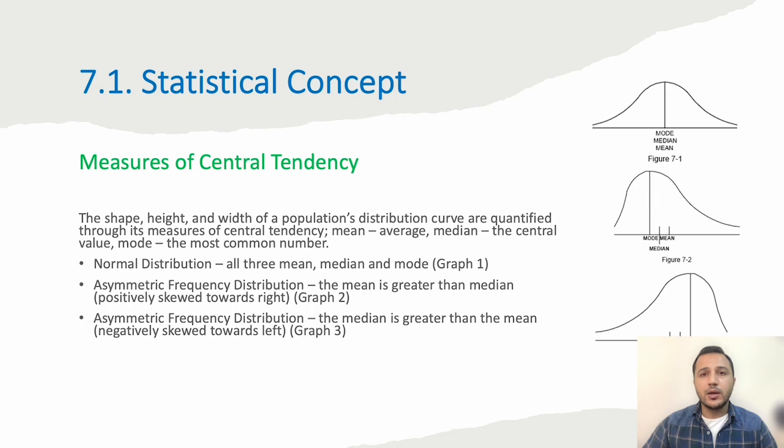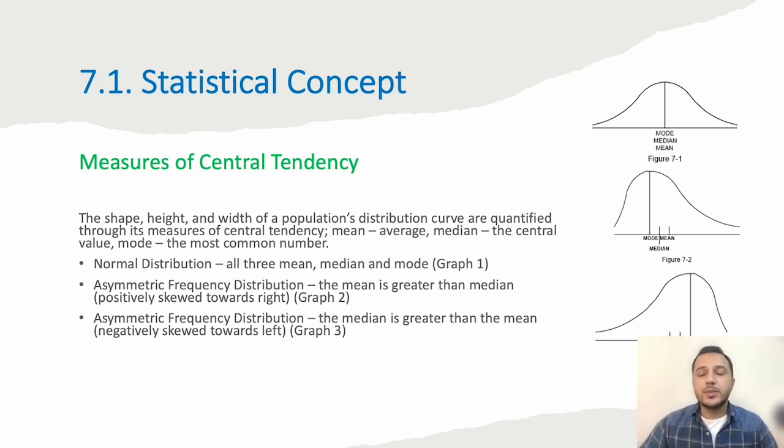Not identical, but similar. For that, there are 3 elements: mean, mode, and median. These 3 concepts of the statistical method will have a common numeric value.